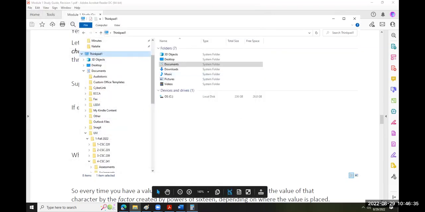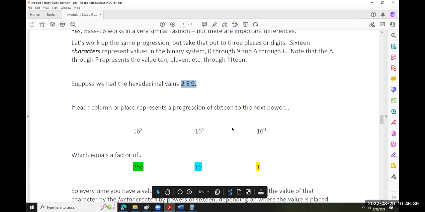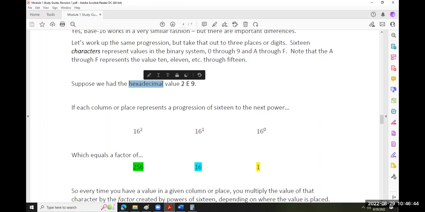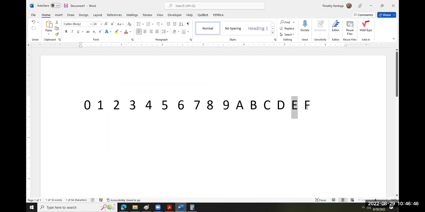But here's what I am going to expect you to do in your head. I want you to know the binary equivalence of each hexadecimal value from 0 to F, okay? What am I saying? Each hexadecimal value represents a nibble, 4 bits.